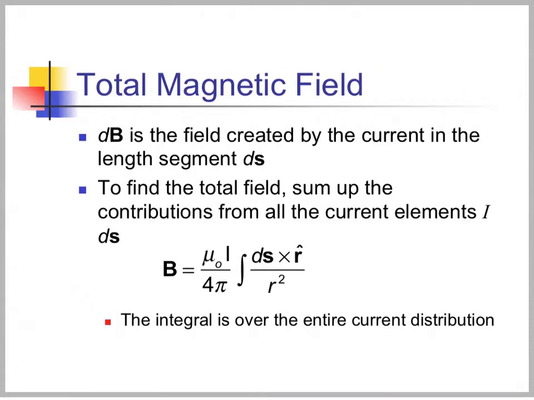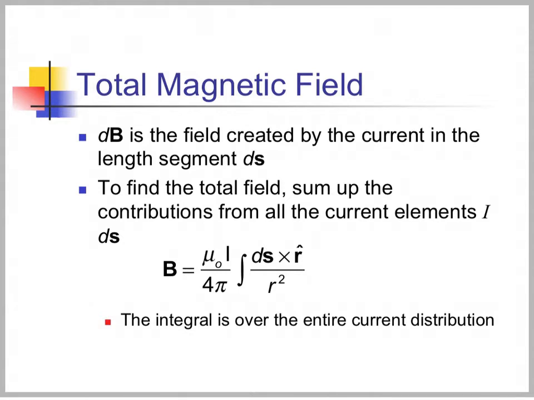dB is the field created by the current in this length segment ds. So if I want to find the total field at any point, I need to add up the contributions from all current elements. So I need to integrate, and so B becomes mu naught I over 4 pi times the integral of ds cross r hat over r squared.